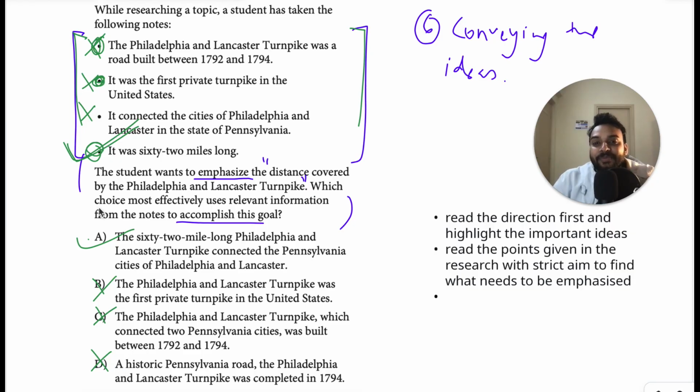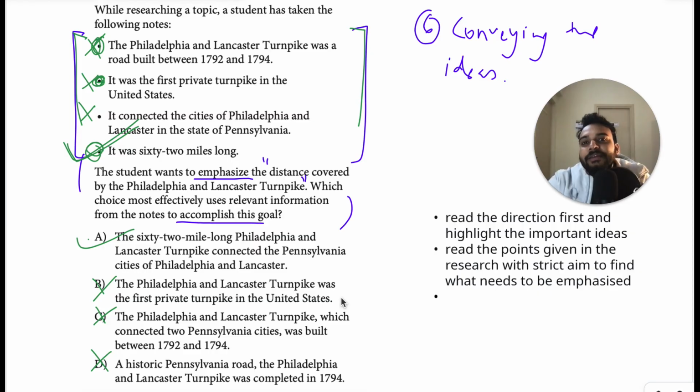Option D is again the first point itself. So A is the correct one. These can be really easy, although they look longer, but if you follow the right strategy, the minimum effort strategy I'm giving here, these questions are going to be the most accurate ones for you. Even though they might take some time, the procedure is so granular and logical that you will end up with the right answer.